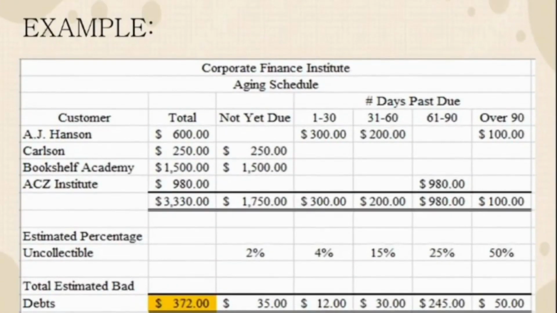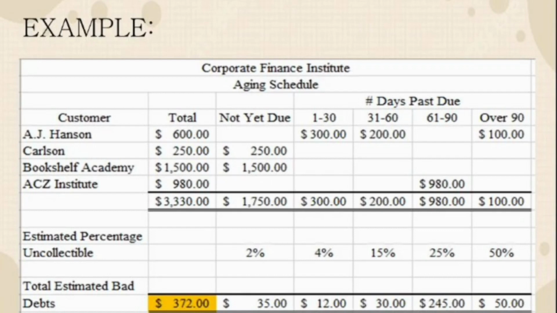The next method is the percentage of receivables. So here's the example, and as you can see in this picture this is what we call aging schedule. So there are customers which are AJ Hansen, Carlson, Bulk Shelf Academy, and the last one is ACZ Institute.